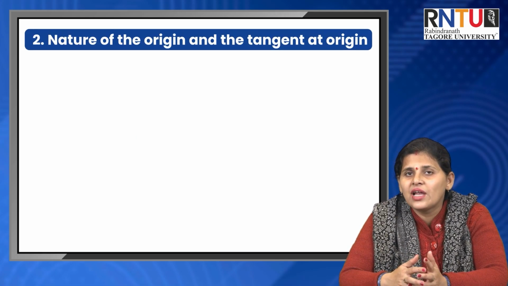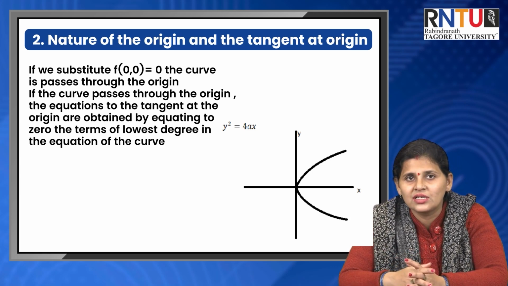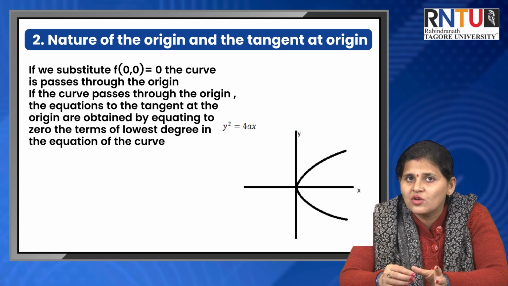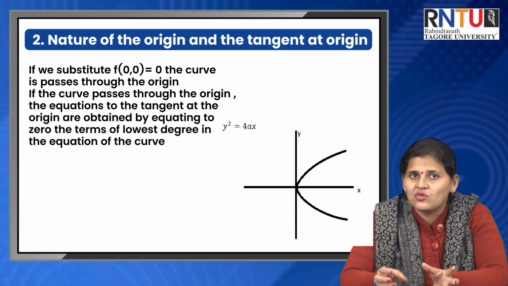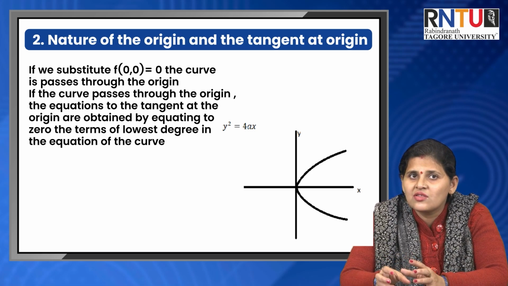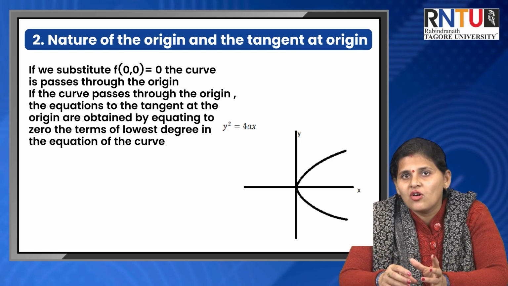Nature of the origin and the tangent at origin. First you find the nature of the origin. In this process we substitute x equals 0, y equals 0, and if we get the function equal to 0, then we say the curve passes through the origin.